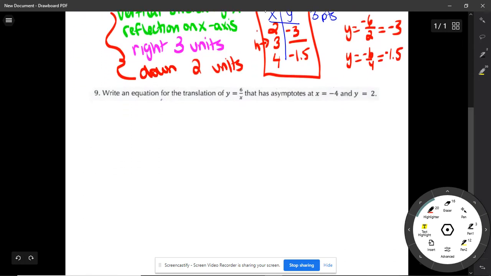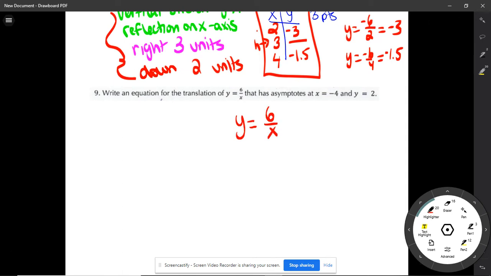The next question that we're going to look at is going to write an equation of the translations of y equals 6 over x. They're telling us that's our function that we're looking at, and we're going to use these translations to write our new function. They're telling us our asymptotes are x equals -4 and y equals 2.